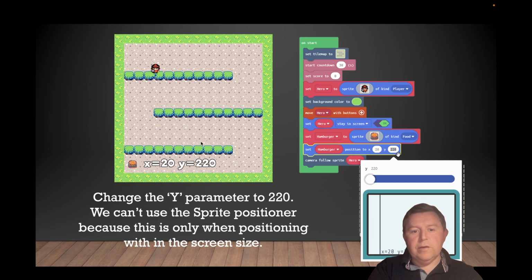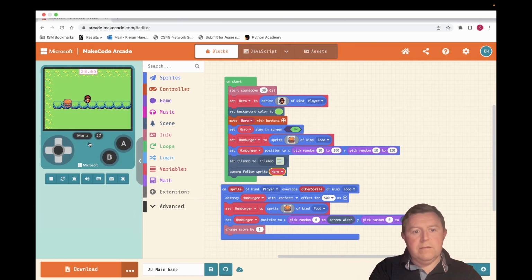So we need to get all the way down to our hamburger at the bottom to get it to work. Let's see if I refresh that. Okay, so there we get stuck here basically.